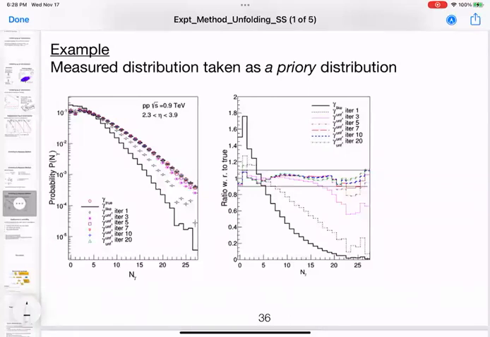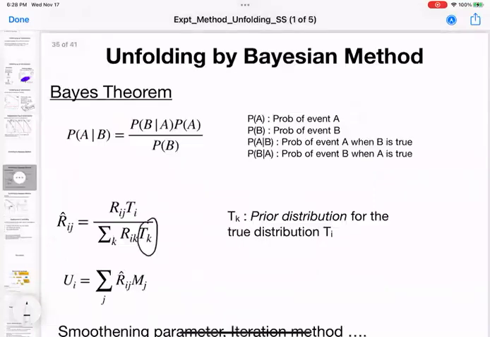So you can see here in this figure, these open circles are the true distribution we have in our simulation. The lines here are the gamma-like distributions, or what we call our measured distribution. Then we apply this Bayesian method.